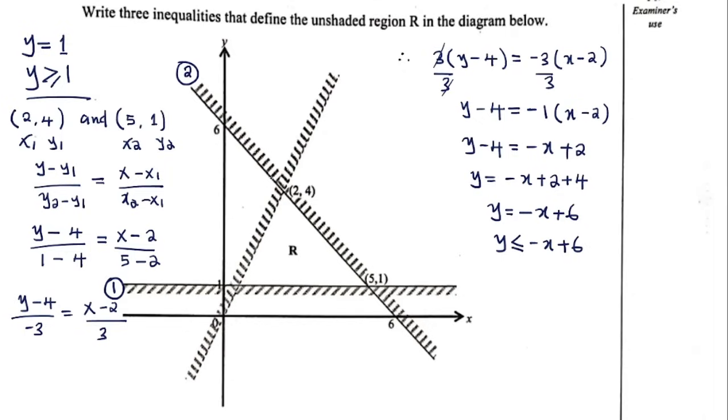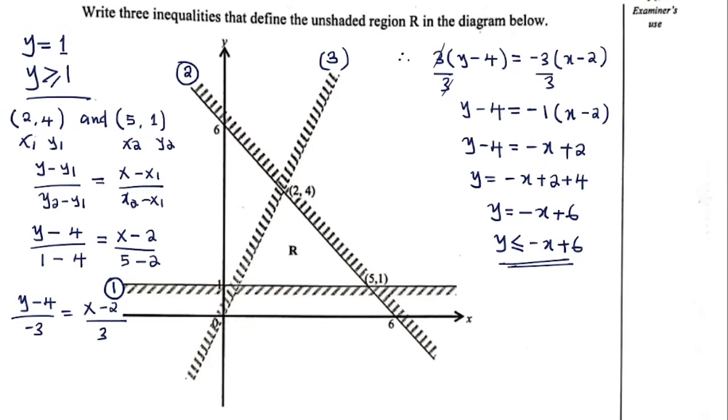I've put the equal to because the line is not a broken line also. So that means this is our inequality for this line 2. Okay, we can go to line 3.